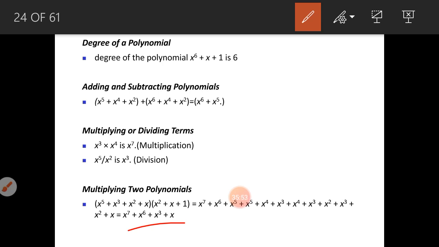Degree of the polynomial is the highest power of the polynomial. Next, in subtracting you need to delete the similar terms. In multiplication, add the power of each term. In division, we need to subtract the power of each term. In multiplying two polynomials, each term from the first polynomial we need to multiply with all the terms present in the second polynomial.